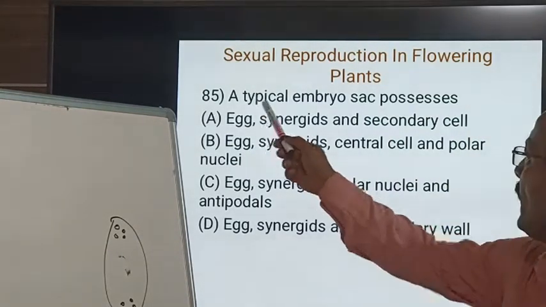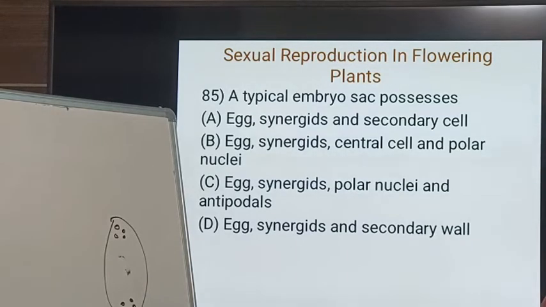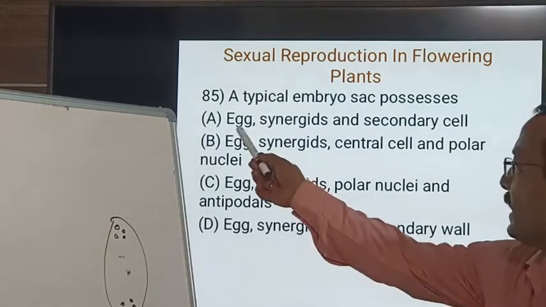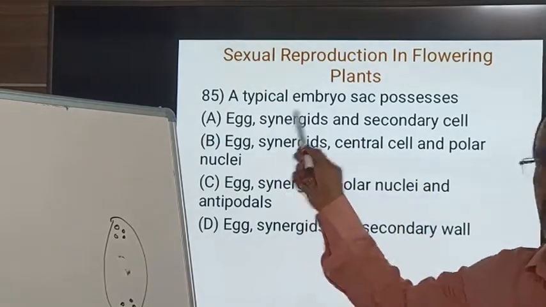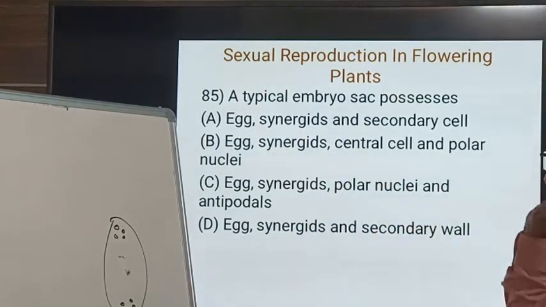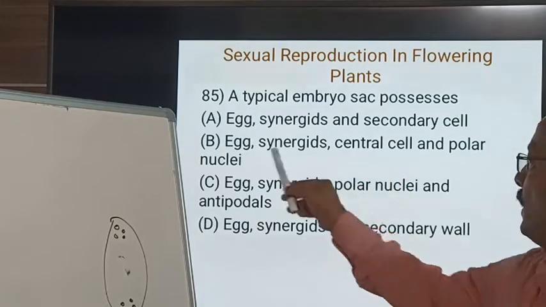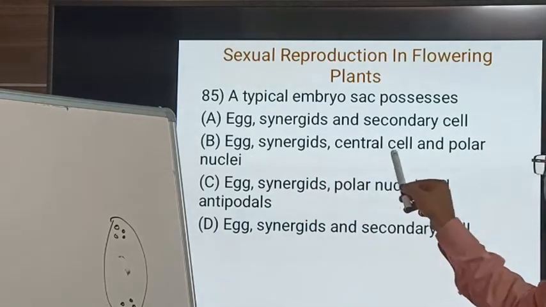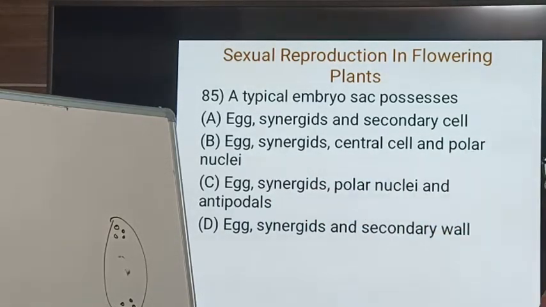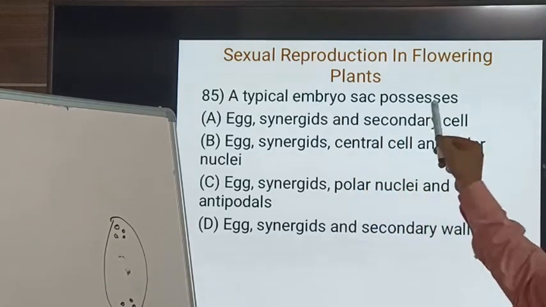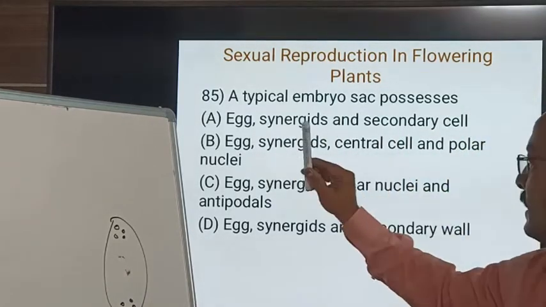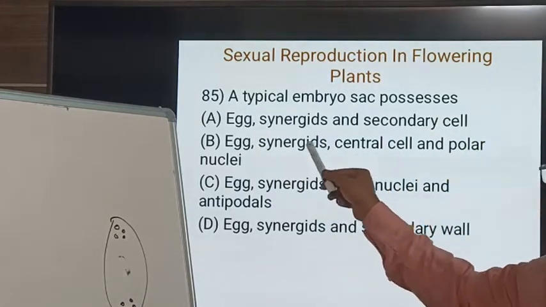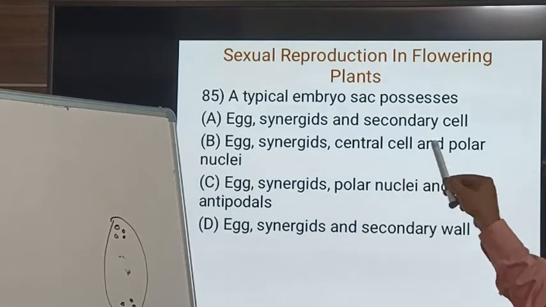A typical embryo sac possesses egg, synergids, together they are called egg apparatus, and secondary cell. No. Egg, synergids, central cell and polar nuclei. A typical embryo sac possesses egg, synergids, together they are called egg apparatus, and a central cell which possesses two polar nuclei.